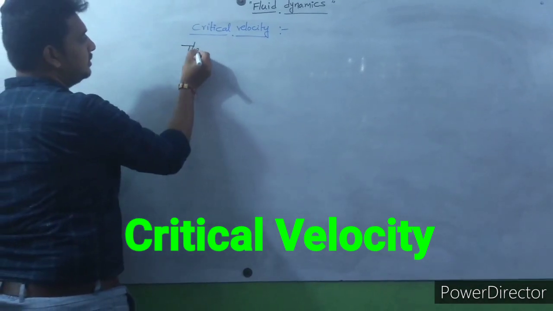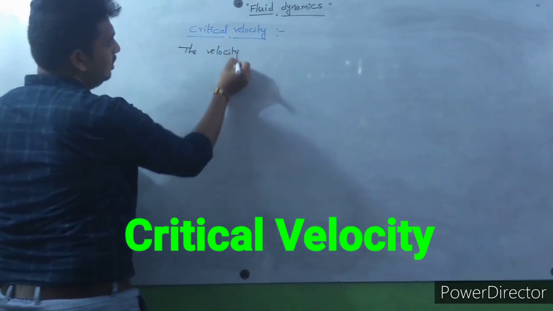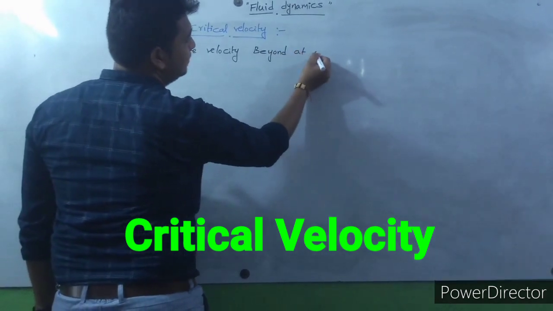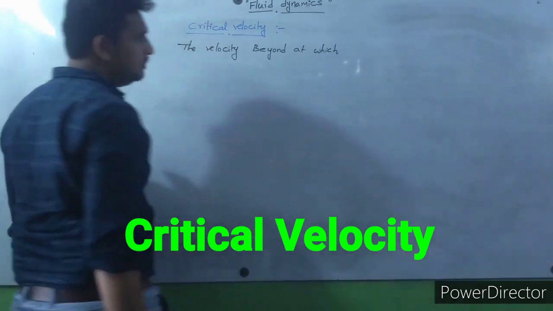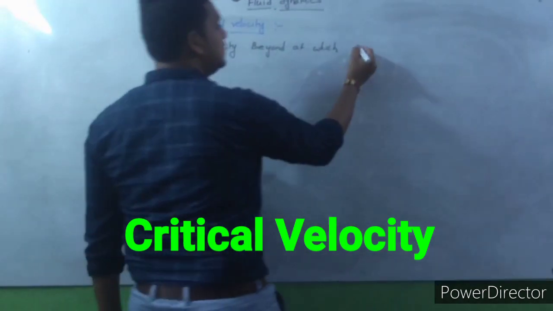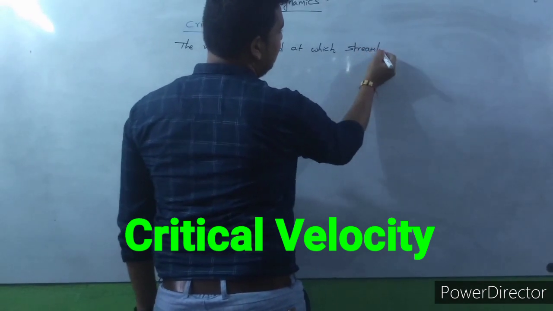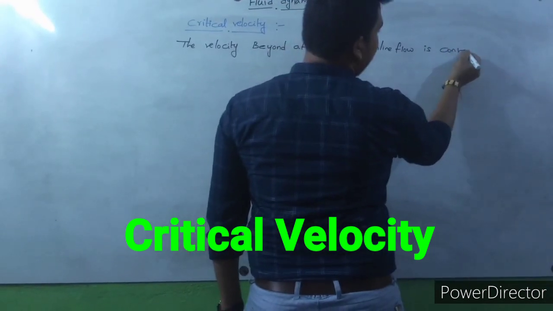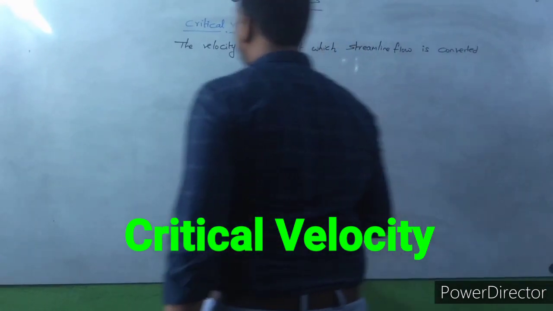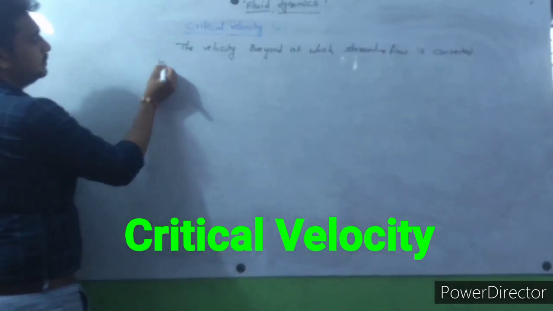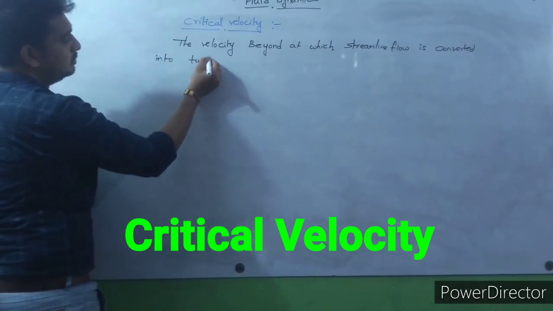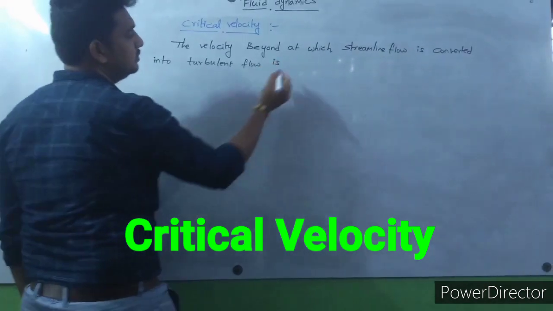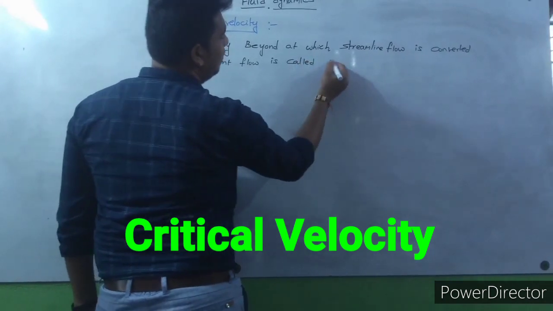The velocity beyond which streamline flow is converted into turbulent flow is called critical velocity.